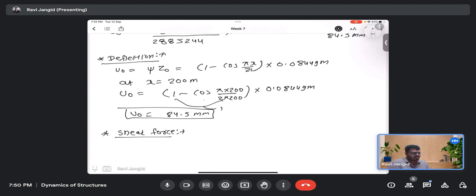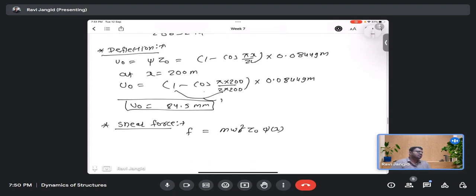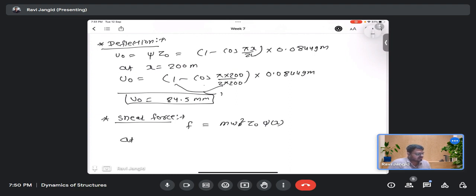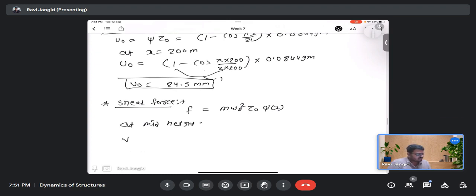Now we need to determine the shear force. For the shear force, as we have discussed, that was the m omega n square times z naught into psi x, either in terms of a or in terms of z. So at mid height, V at L by 2 will be the integral of fx dx from L by 2 to L, from 100 to 200.